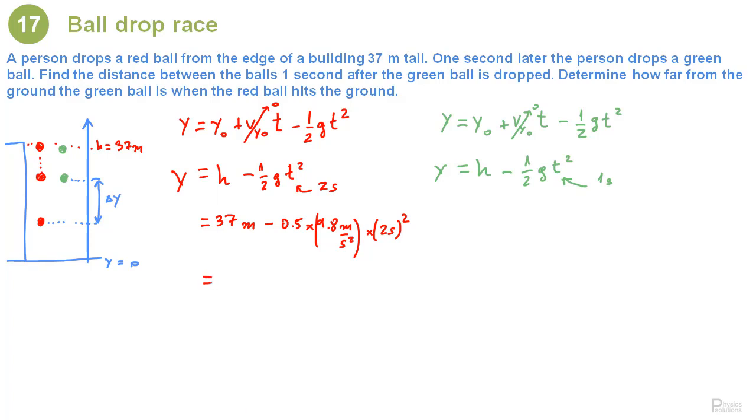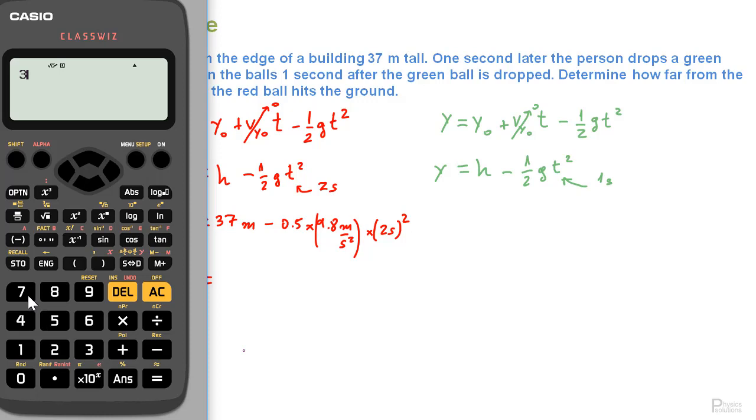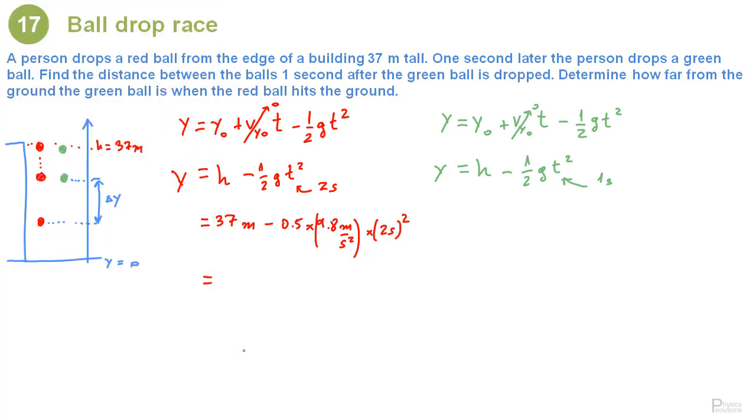And this is 37 minus 0.5 times 9.8 times 2 squared. 17.4. You can simply write 17 meters. So this is the coordinate of the red ball 1 second after the green ball was dropped.